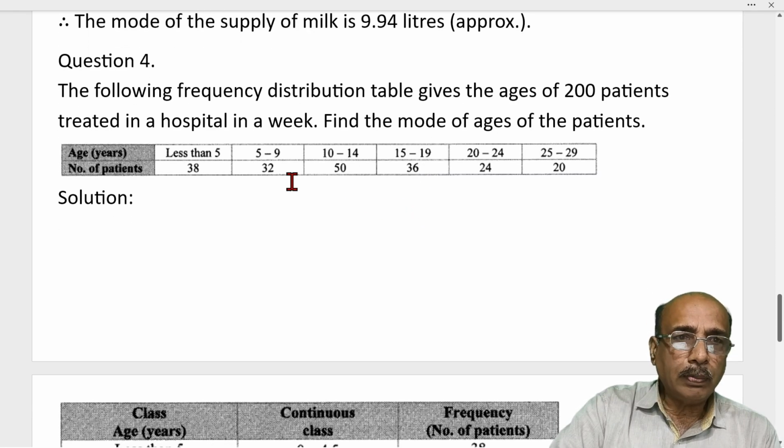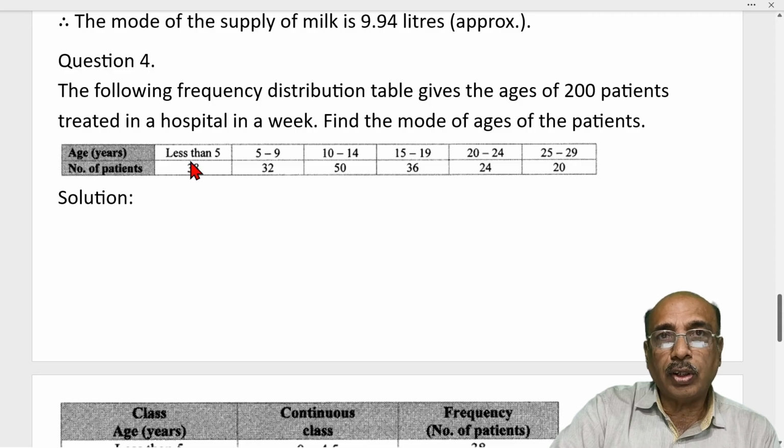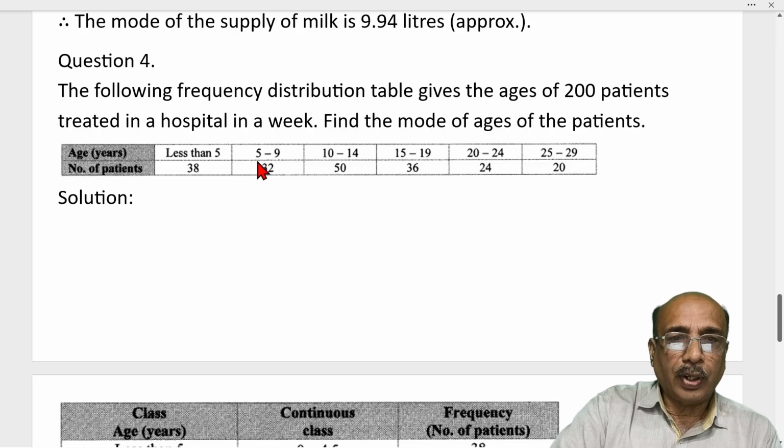Question number 4. The following frequency distribution table gives the ages of 200 patients treated in a hospital in a week. Find the mode of ages of the patients. Age is given in years. The first column is given as less than 5, then 5 to 9, 10 to 14, 15 to 19, 20 to 24, 25 to 29.